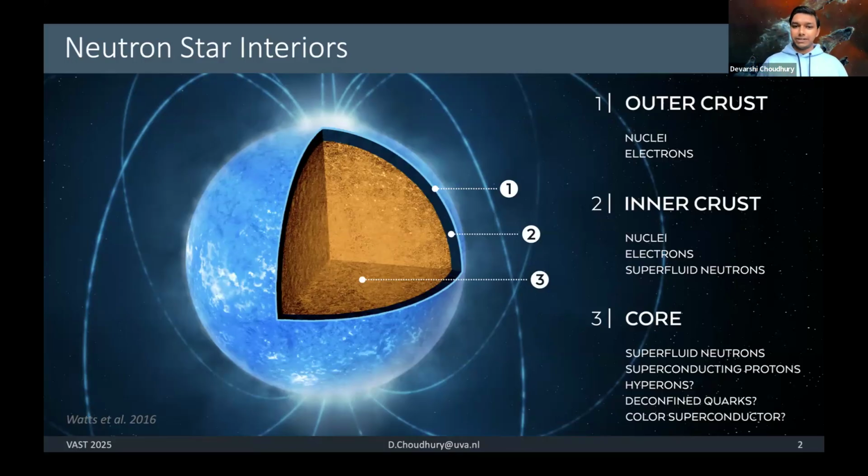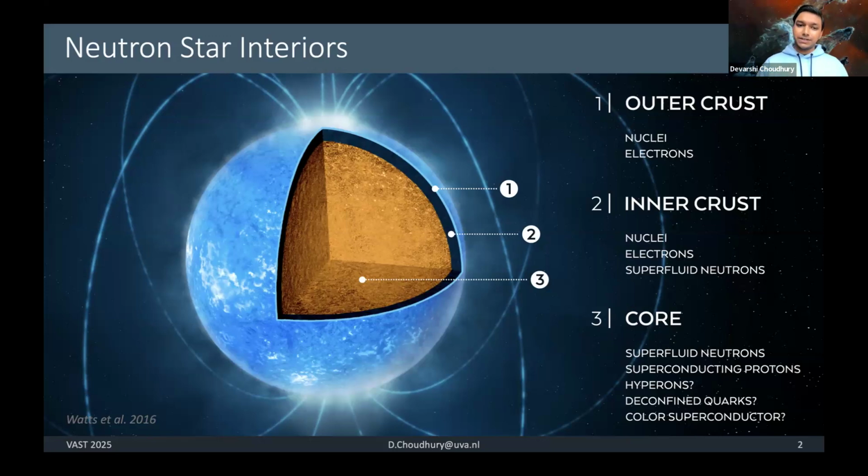Now, neutron stars have a rather layered structure, which can roughly be divided into crustal layers and a core region. The crustal layers are pretty well understood from first principles and with observations supporting those. But for the core, you encounter supranuclear densities, so densities higher than an atomic nucleus.